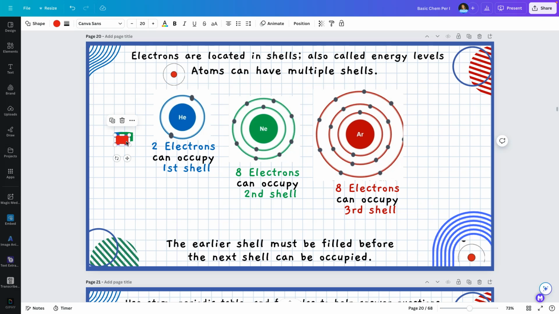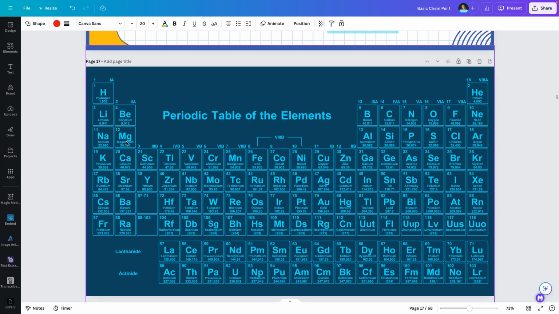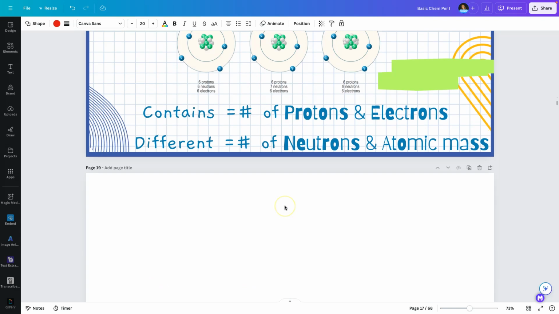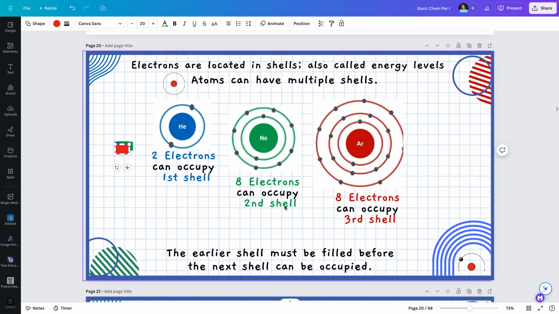There's a couple of exceptions to this rule. We're not going to learn that. You'll learn that in chemistry. In this class, if I show you the first shell and the atom has 3 electrons, which would be lithium, how many electrons go in the first shell?